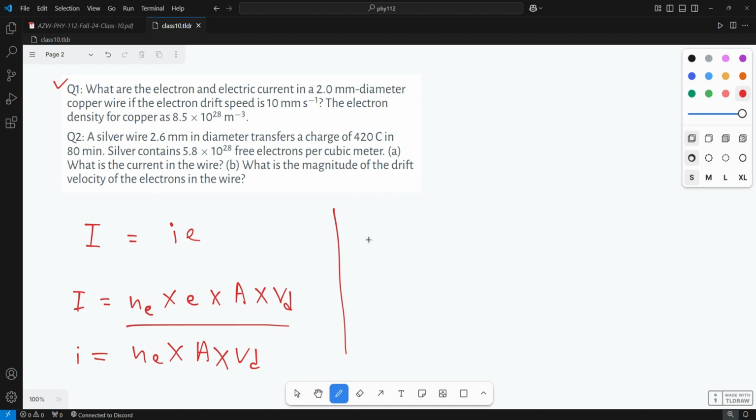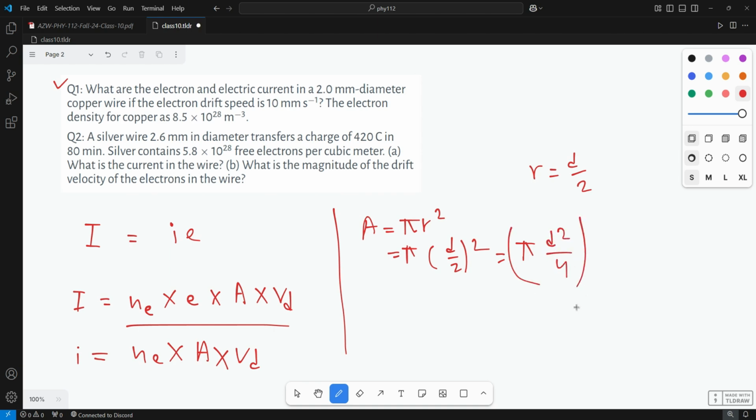So let's calculate the area. Area is pi r square, and r is diameter by 2. So area is pi times diameter by 2 whole square, which is pi times diameter square by 4.